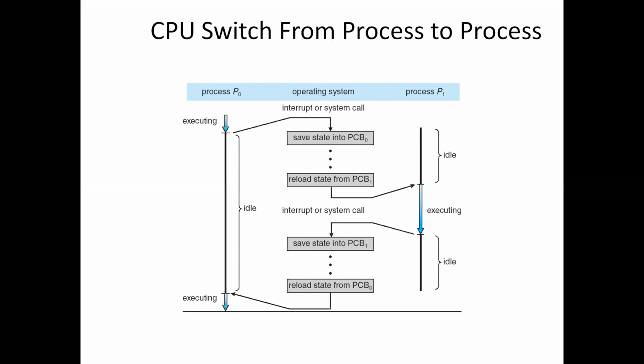Again, after execution completion, the CPU will save the state information of process P1 to process control block 1. After that it will reload the state information from process control block 0, which holds the information of process 0. Using that information, the CPU will start executing process 0.